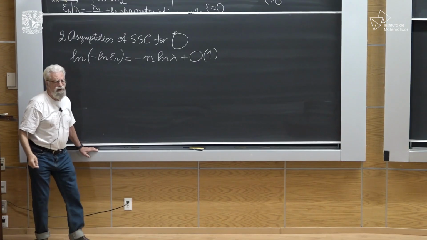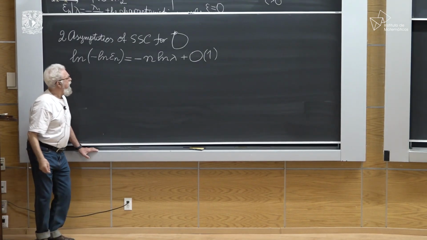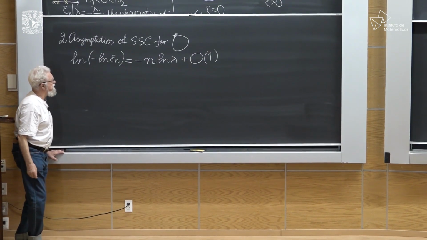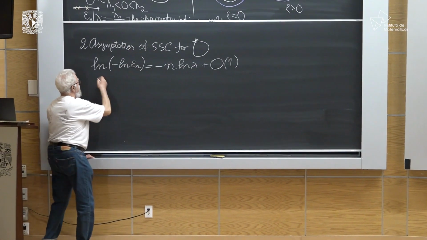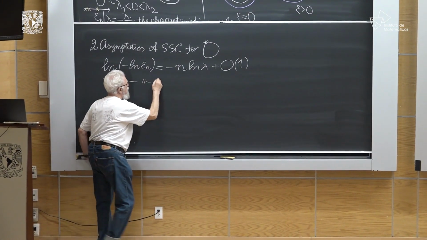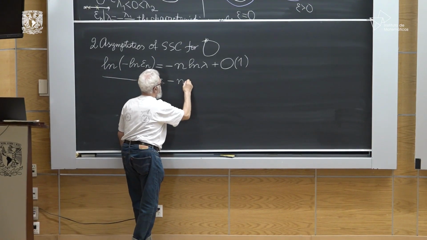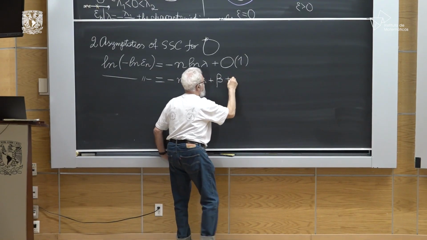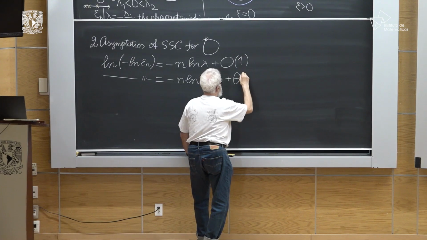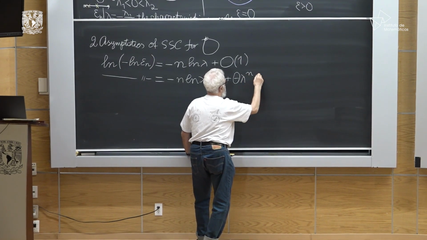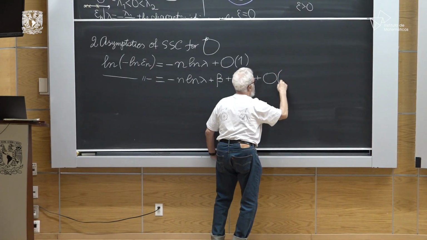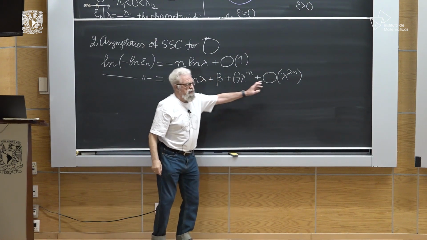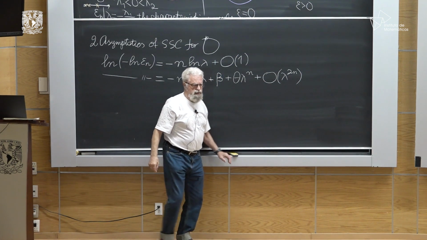It is an old result of Dumortier and Roussarie, and a new result of two of my collaborators and myself is more detailed. The same thing equals the same thing plus some beta plus some theta times this very lambda to the n plus O large. As lambda is smaller than 1, these are decreasing geometric progressions.